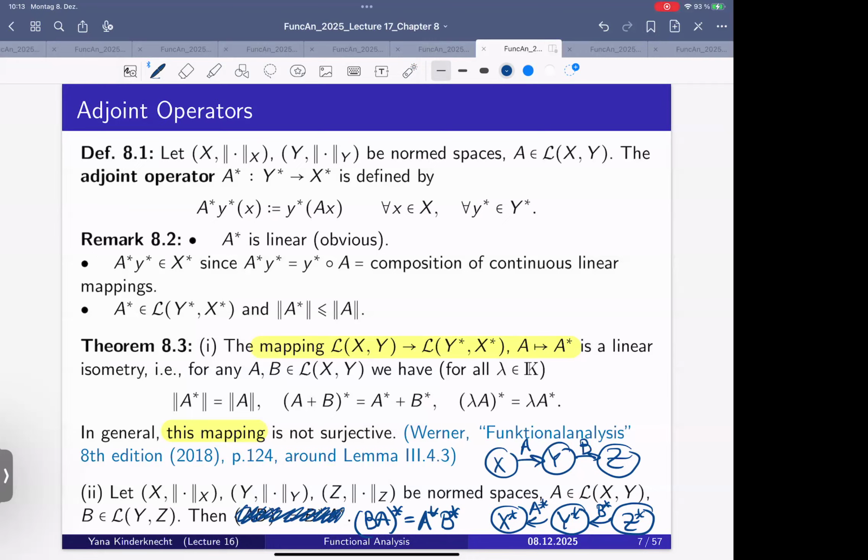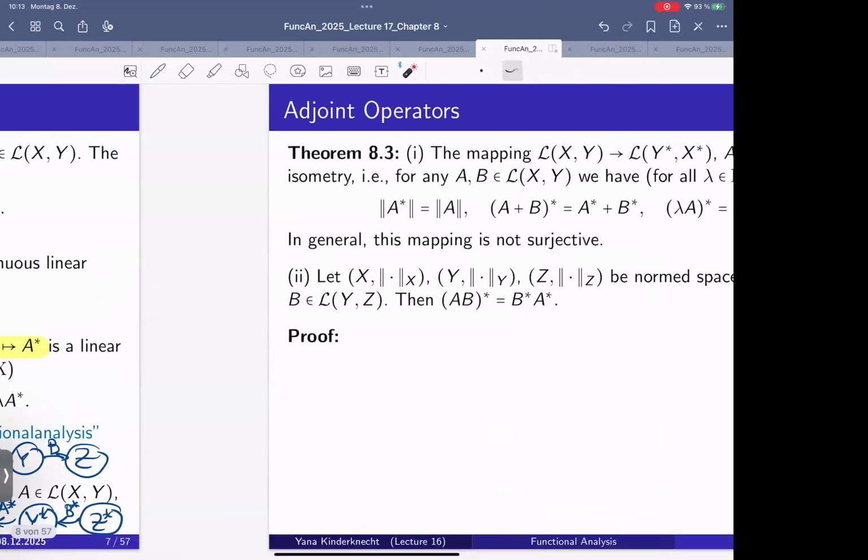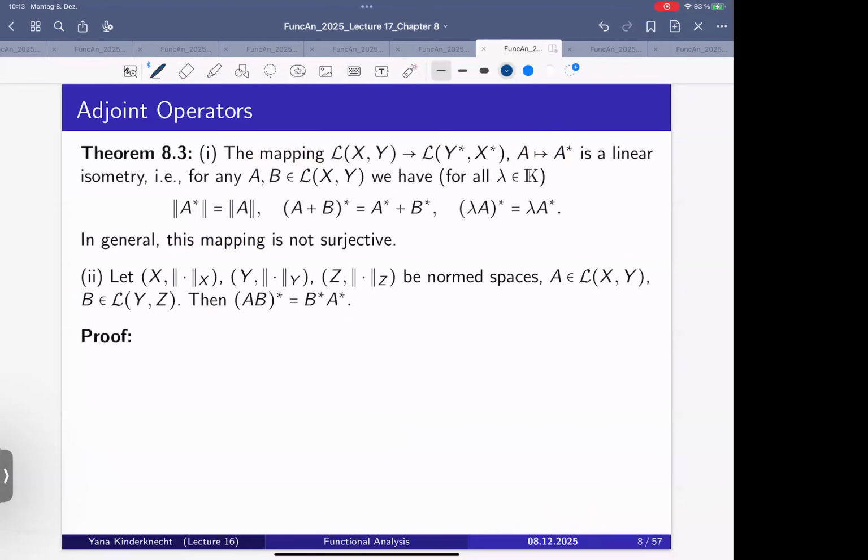Okay, so these are two properties which we are going to prove. Actually, a part will be given as an exercise, but let us prove this statement that the mapping is a linear isometry. So we start our proof. We prove part 1.